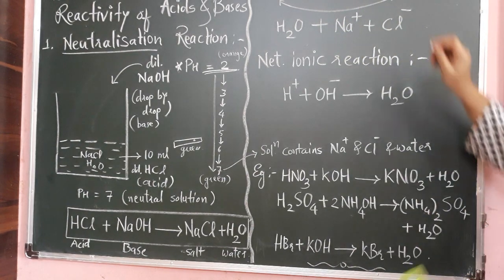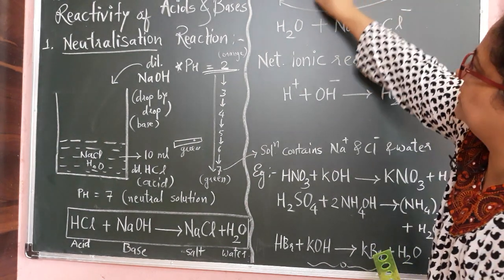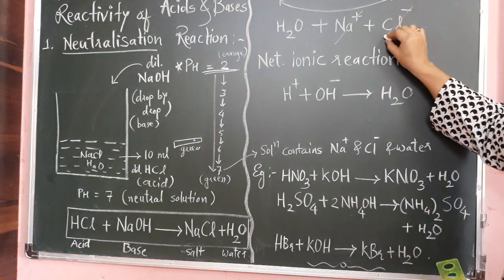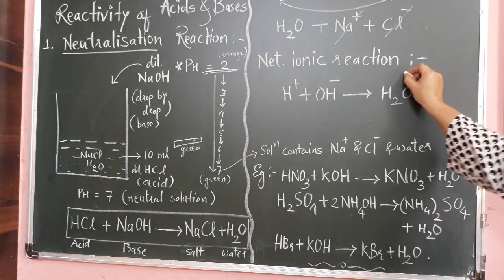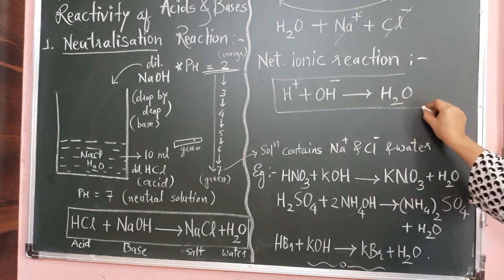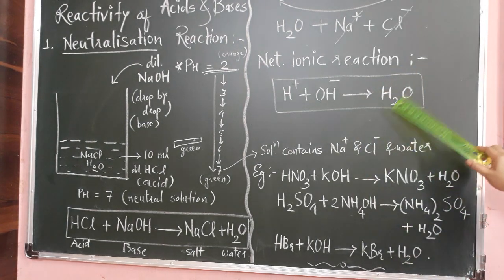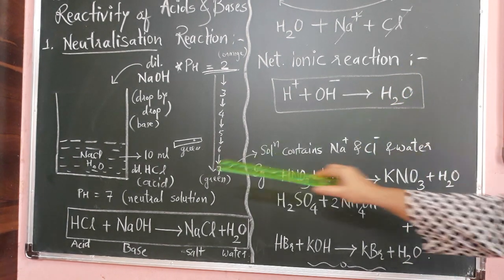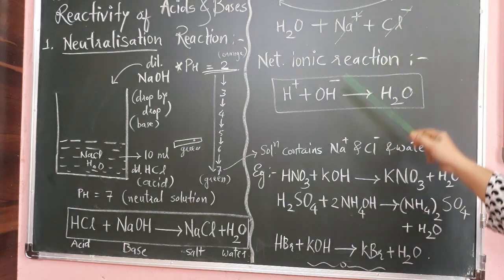As these are on both sides, they get neutralized. So what is the net ionic reaction? Hydrogen ion plus OH ion giving water. So this water is there along with sodium and chloride ions.